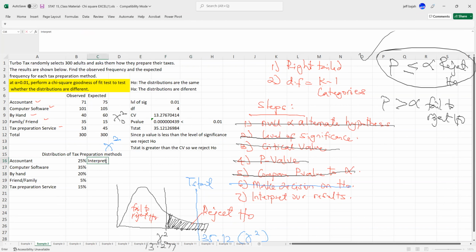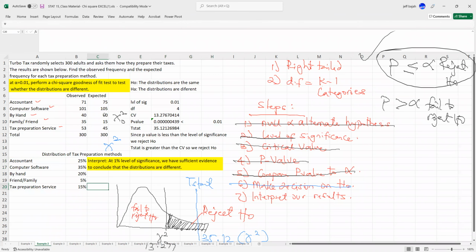So I'm going to say at 1% level of significance, we have sufficient evidence to conclude that the distributions are different, right? And we're done. So that's how easy this is.